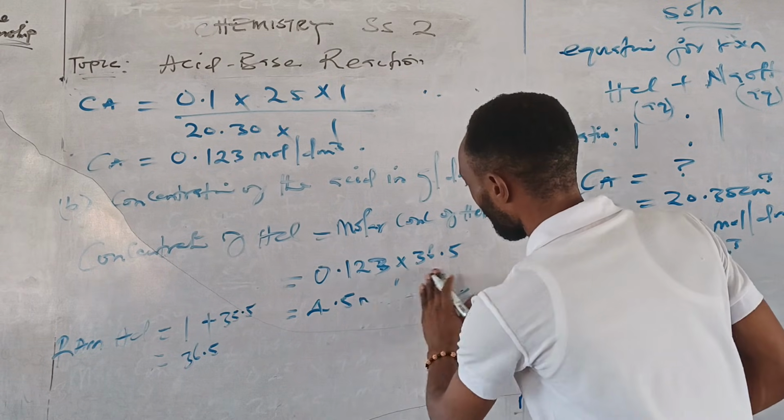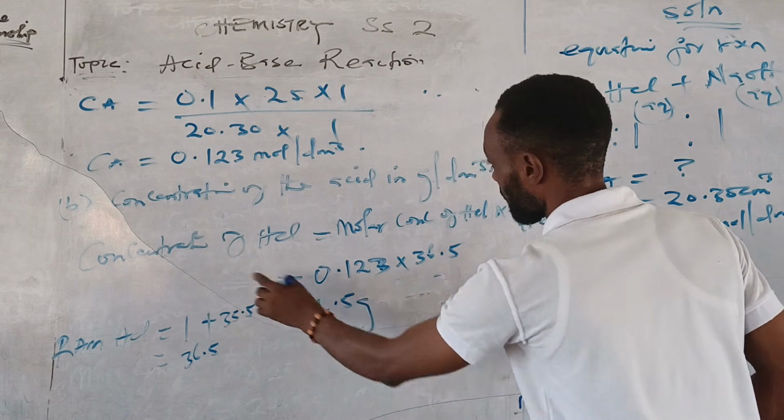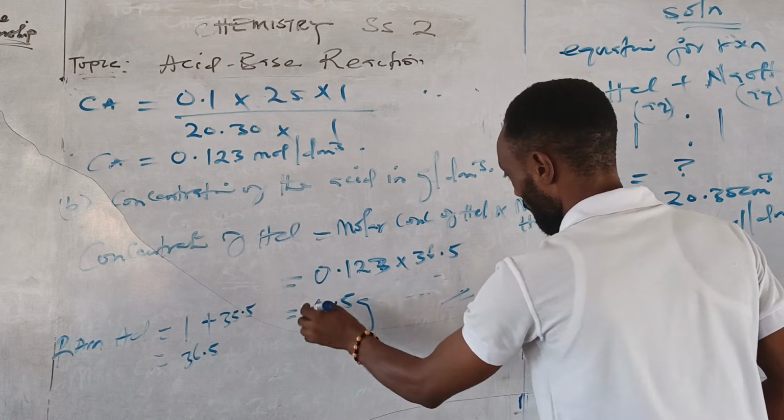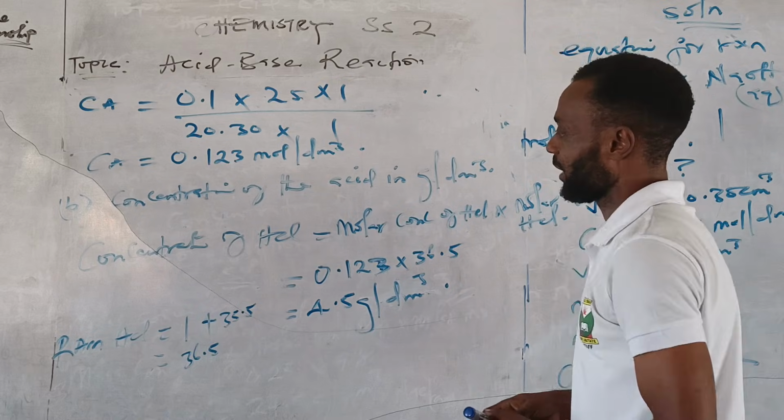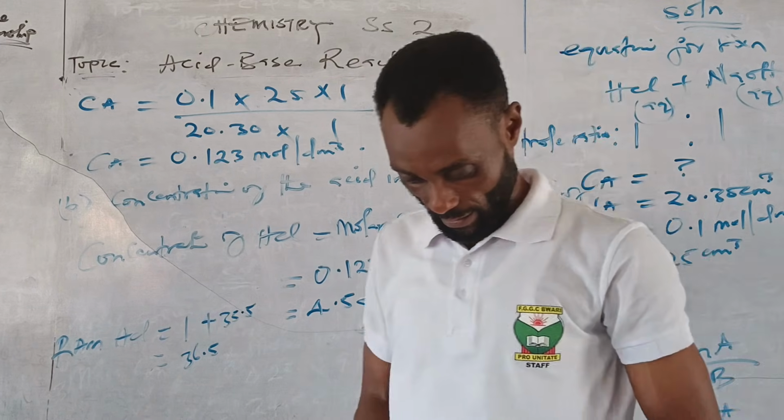Sorry, we are talking about the mass concentration, that is mass, so 4.5 gram per dm cube, approximately. That is what we are going to get.